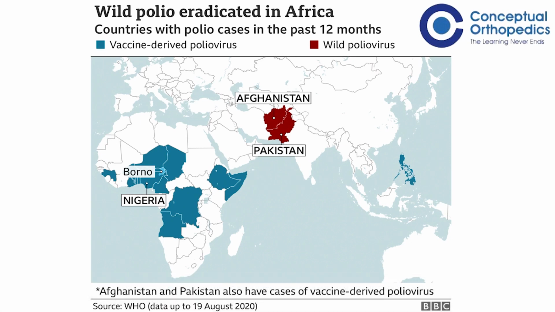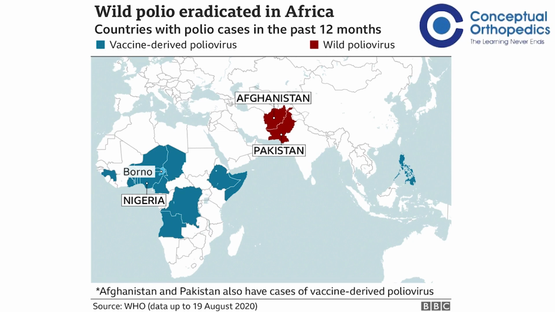So the only poliovirus which remains in Africa is the vaccine derived poliovirus, which is present in West Africa around Nigeria. It's a rare form of virus that mutates from the oral polio vaccine and it can spread in the under immunized communities. So that is why herd immunity is very important to eradicate poliovirus.